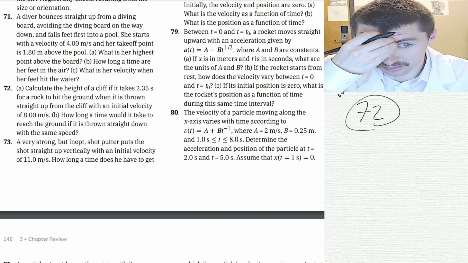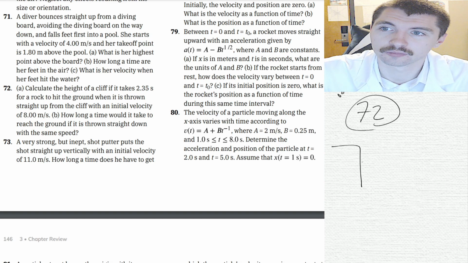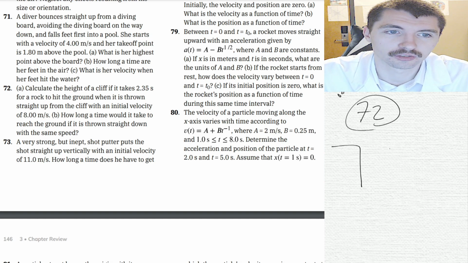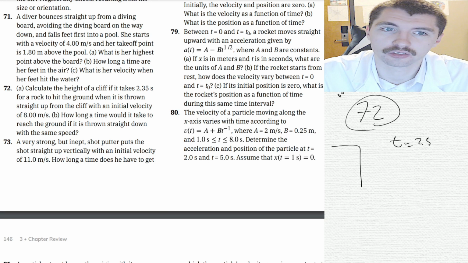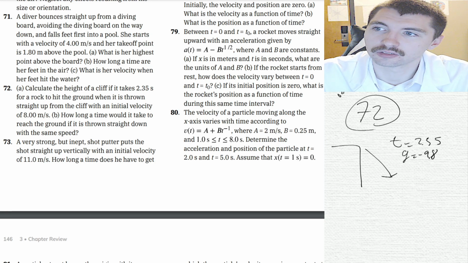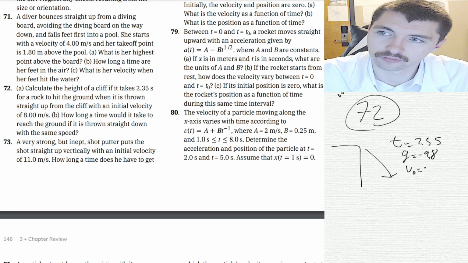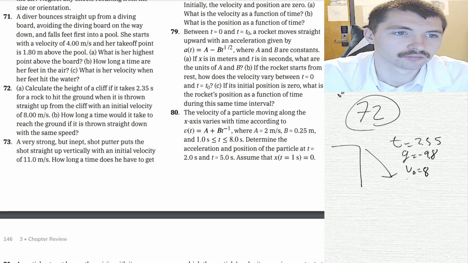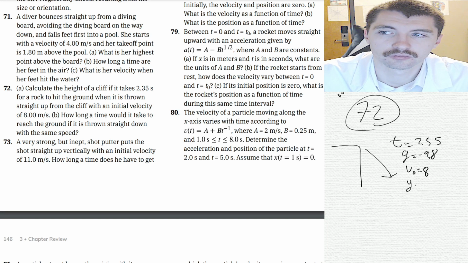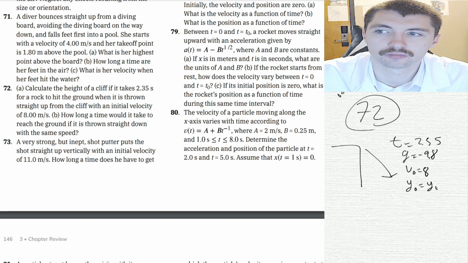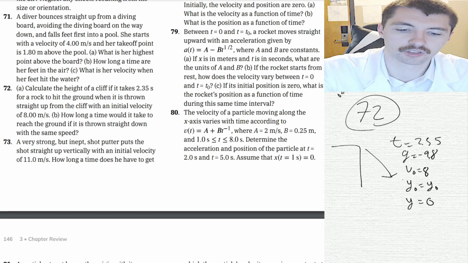Can I get the height of a cliff? Takes, so T 2.35, G negative 9.8. Okay.